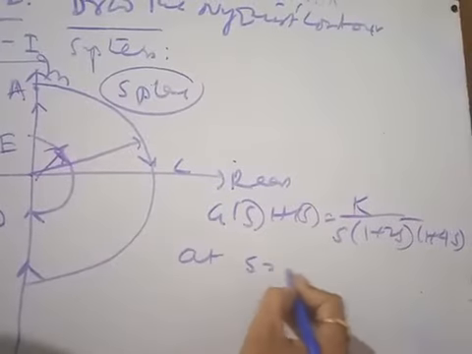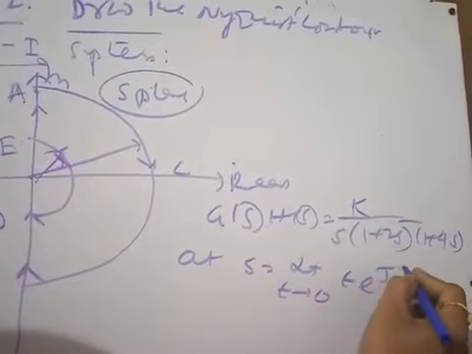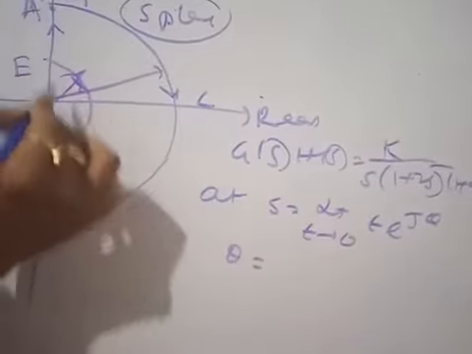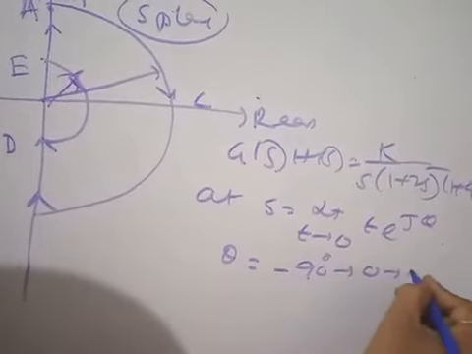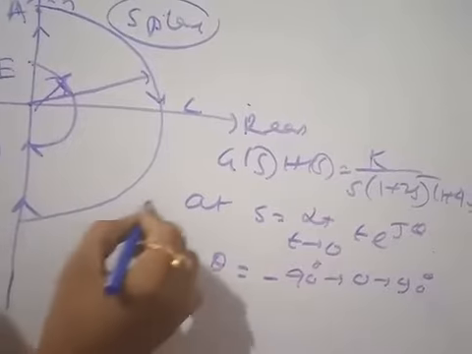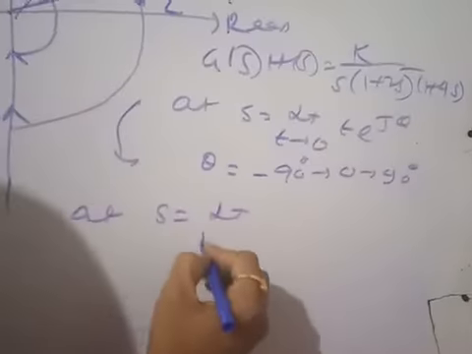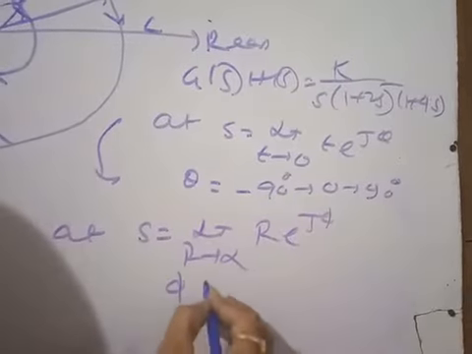At s equal to limit epsilon tends to 0, epsilon e to the power j theta, where theta varies from, again, minus 90 degrees to 0 degrees to plus 90 degrees. And another point at s equal to limit r tends to infinity, r e to the power j phi, where phi varies from this point to this point.